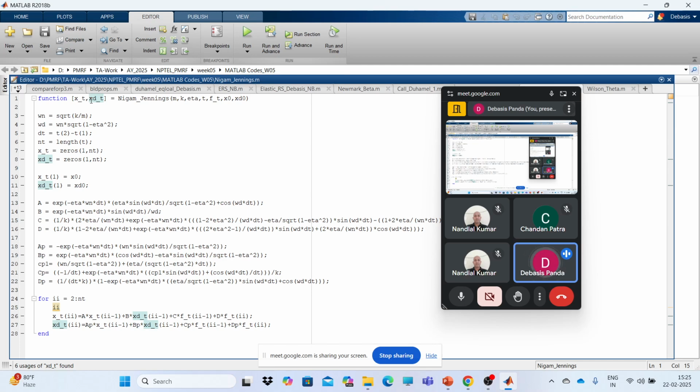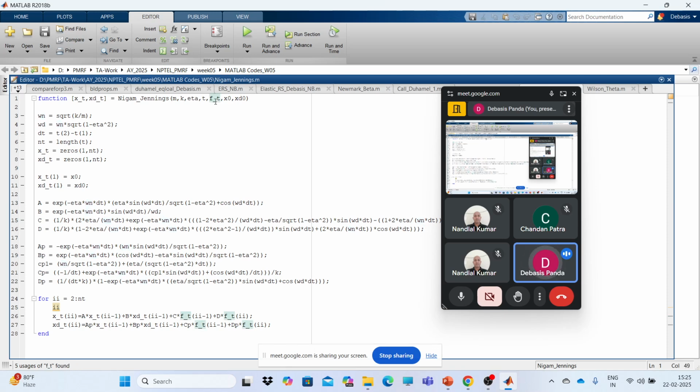So how will this function file work? First we need to define the properties, like omega n. Because we will give the input m and k for different systems, the mass, stiffness and damping properties will be different. The forcing function can also be different.